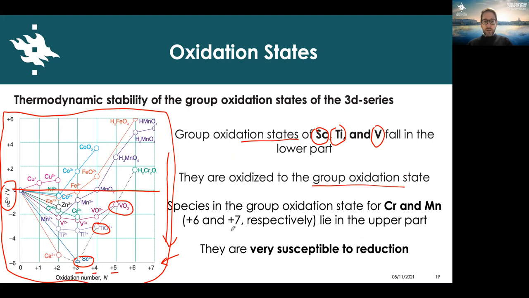Species in the group oxidation state for chromium, which is +6, and manganese, +7, are in the upper part of the diagram. They have positive values, which means they have lower stability, and indicates that they are very susceptible to reduction, because if they acquire lower oxidation states, they become more stable and their energy becomes more negative.